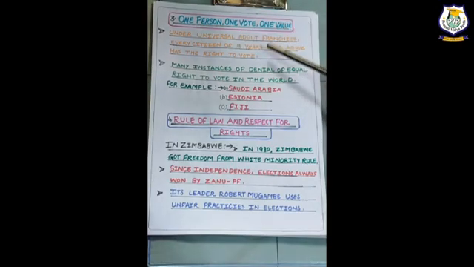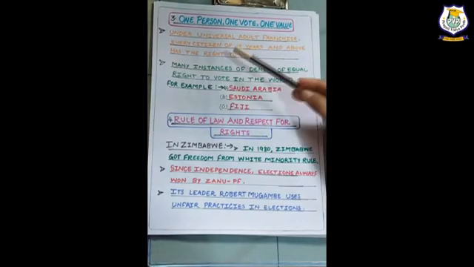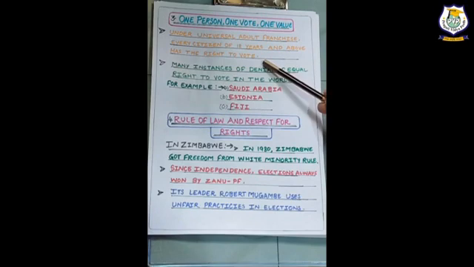To understand this feature of democracy, we will see some cases here. These are Saudi Arabia, Estonia, and Fiji. As we know, in a democratic country, under universal adult franchise, every citizen of 18 years and above has the right to vote.